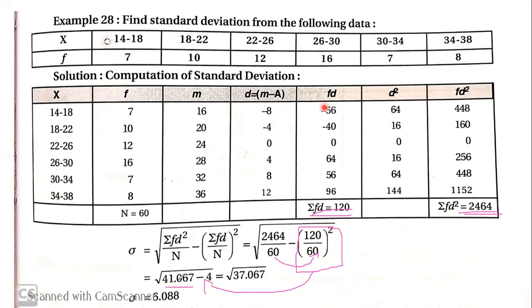Now when I subtract these two, I subtract 41.067 minus 4. I get 37.067. When I take the square root of them, the overall value of standard deviation is 6.088. So this is how we find the values for standard deviation under continuous series.